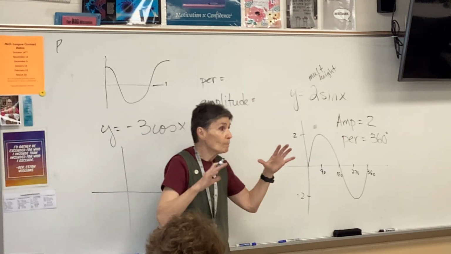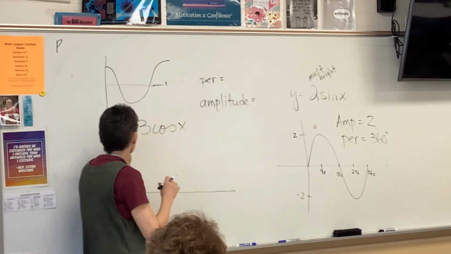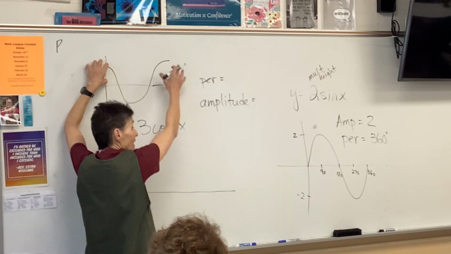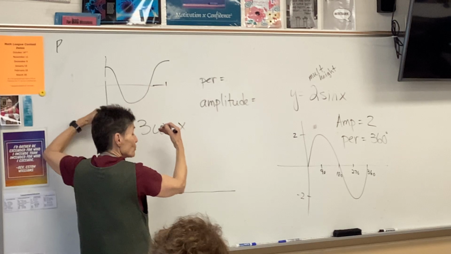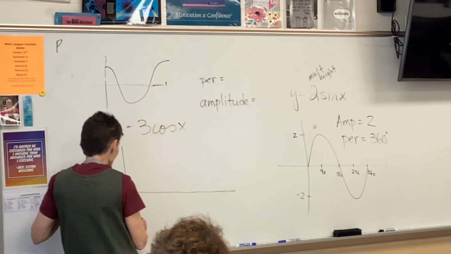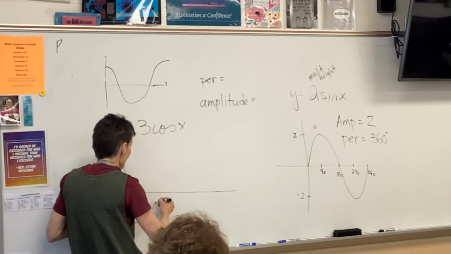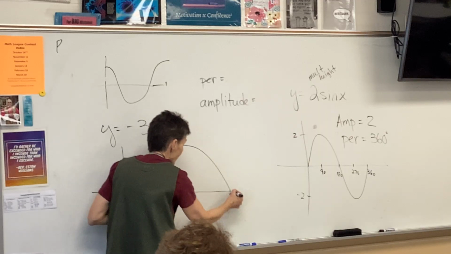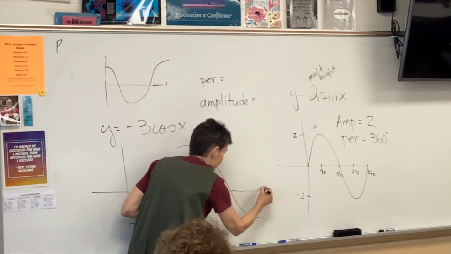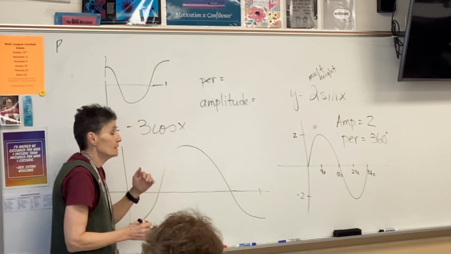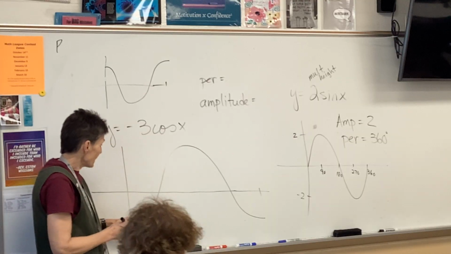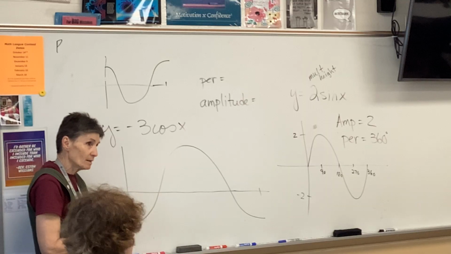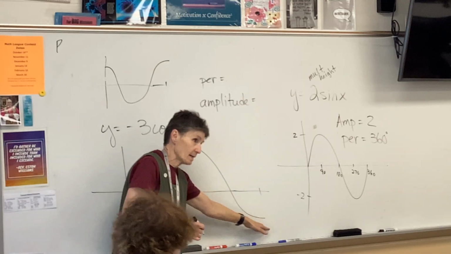So a normal cosine starts at the top of the hill and ends at the top of the hill. Well, if you turn that upside down, where are you starting? The bottom of the valley. You're making a hill and you're ending at the bottom of the valley. Remember, you end where you started. So if you're starting at the bottom of the hill, then I'm going to be ending at the bottom of the hill.